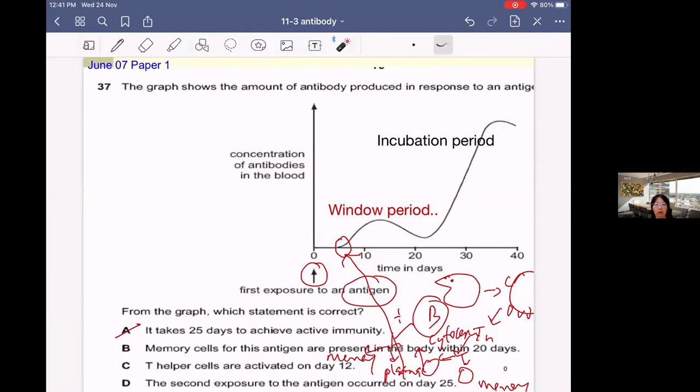I'm not sure. Okay. I'll call someone else. Chok Yiman, what is incubation period?